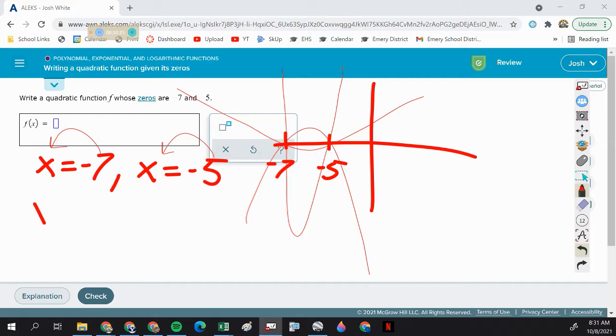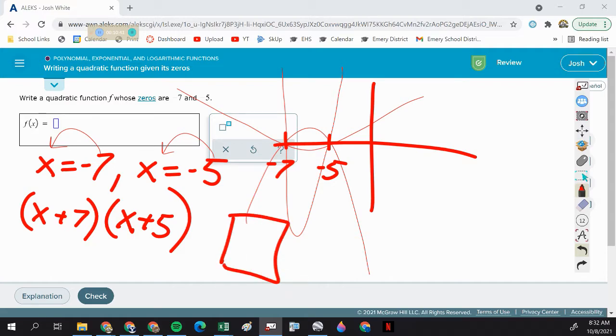So this one would be x plus 7, and this one would be x plus 5. And if I multiply those together, I will get a quadratic equation that hits the x-axis at -7 and at -5.